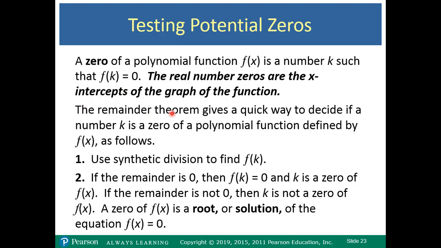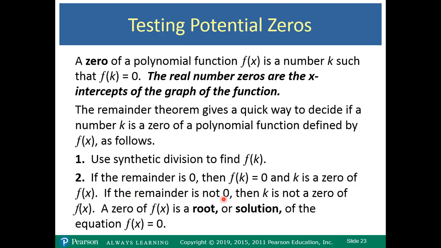Now, the remainder theorem gives a quick way to decide if a number k is a 0 of the polynomial function defined by f of x as follows. 1, use synthetic division to find f of k. Okay, simple enough. We've been doing that. 2, if the remainder is 0, then f of k is equal to 0, and hence k is a 0 of the polynomial f of x.